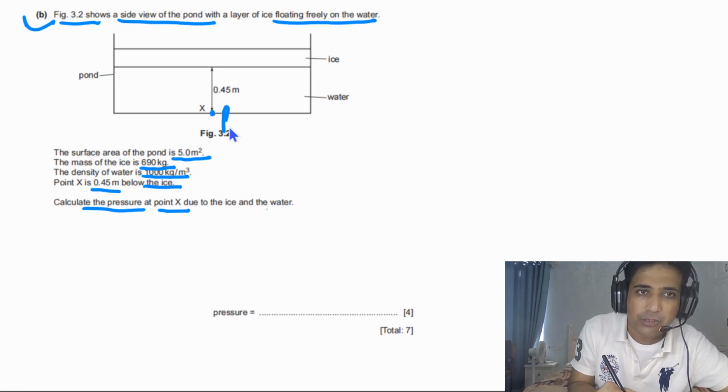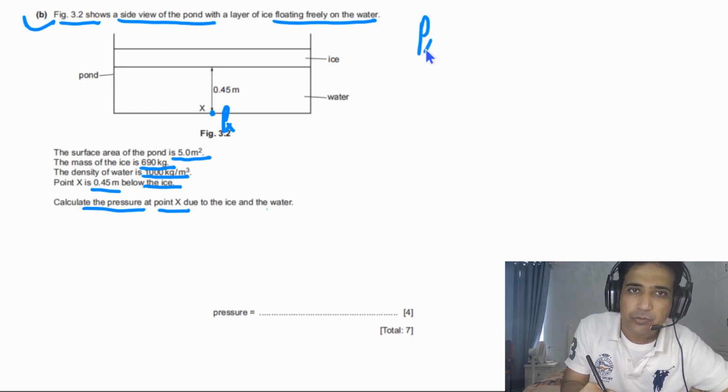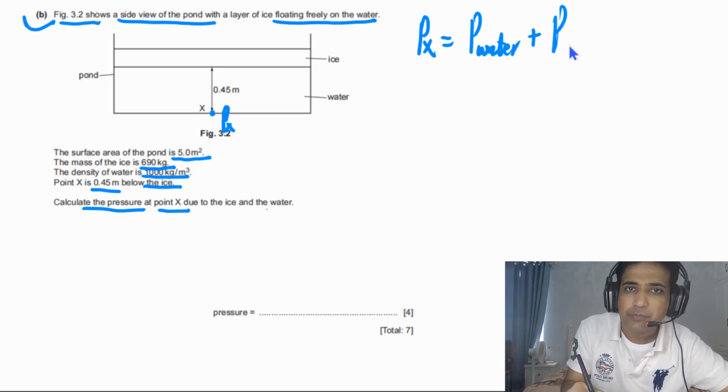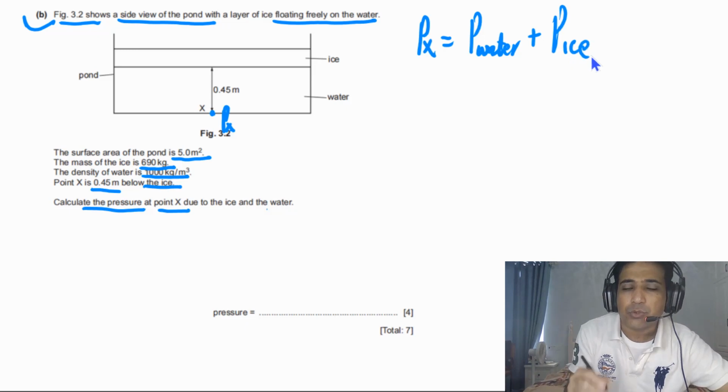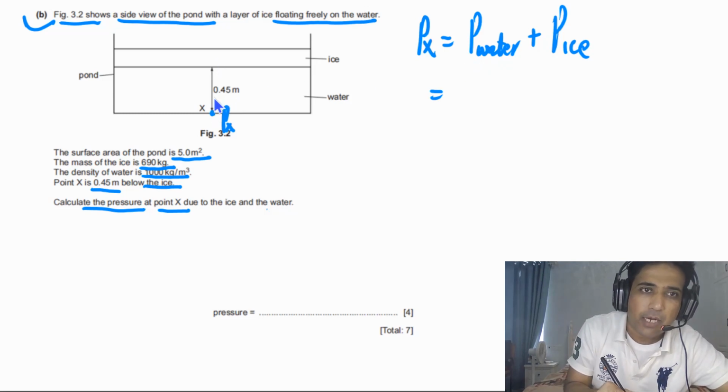First of all, we can say this P is Px. Px will be equal to P due to water plus P due to ice. This is what we can write down first. Now we need to understand how we can calculate P due to water. We have the height of the water, so this is a column of water.